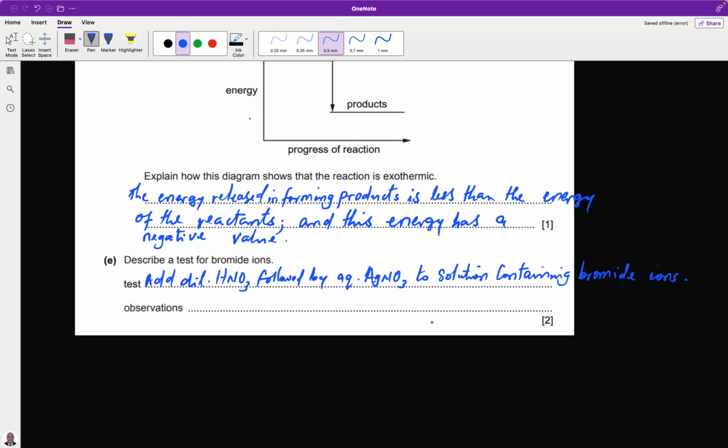What will be the observation? Our observation, when we add dilute nitric acid followed by aqueous silver nitrate to a solution containing bromide ions, will be a cream precipitate.